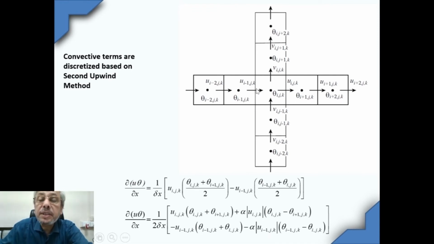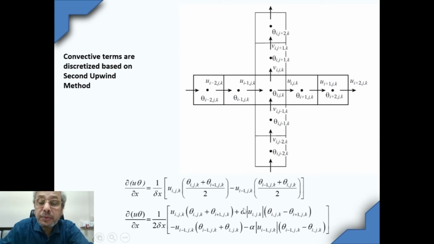Locally it is possible that somewhere it can be positive and somewhere negative. In order to take care of that variation of velocity, we have introduced the modulus sign here, and this uijk can also be locally positive or negative. For introducing that flexibility, we have used the modulus sign.